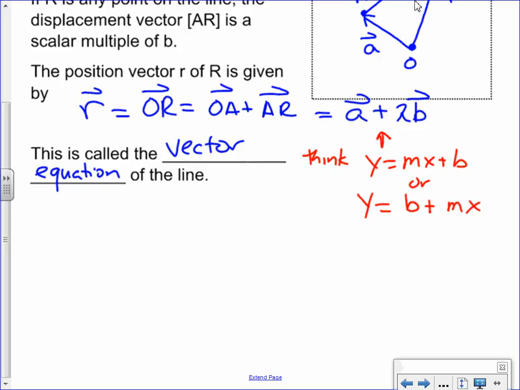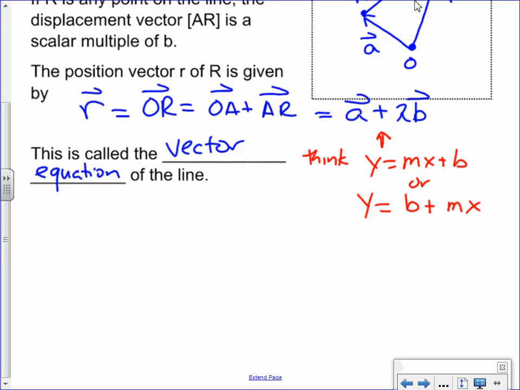If you think of it as a point slope formula, the slope is like the direction of the line. So in this case, this B stands for the slope. It's kind of flipped around. It stands for the slope, and that would be the direction vector. And then the first one is the position vector.